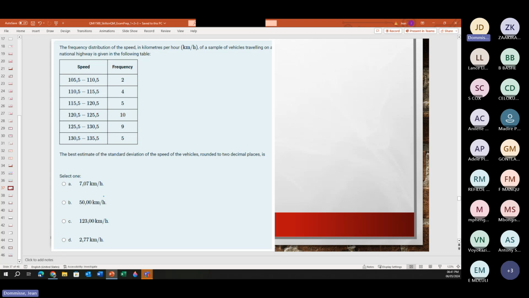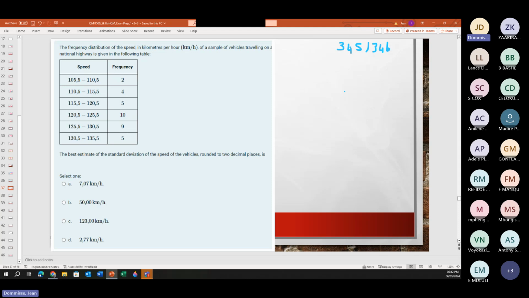So there is a formula for you guys to use on page 345, I'm going into 346, of the study guide. Okay, so the standard deviation for data in a frequency table.